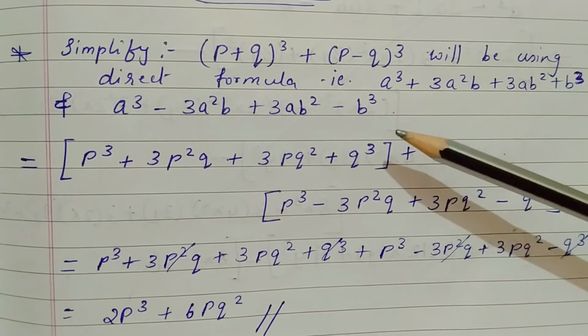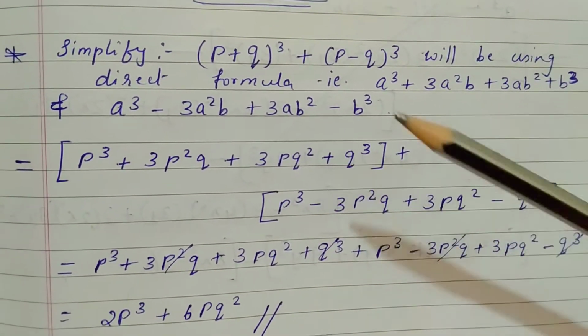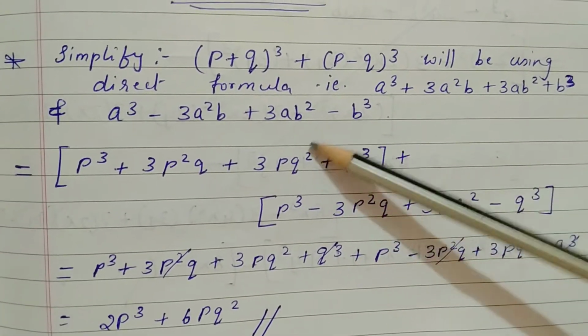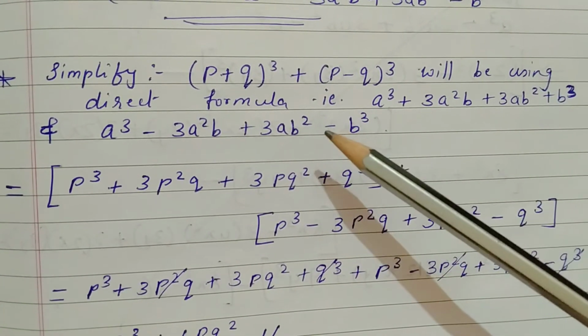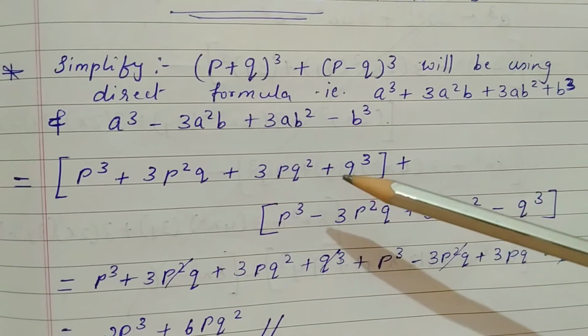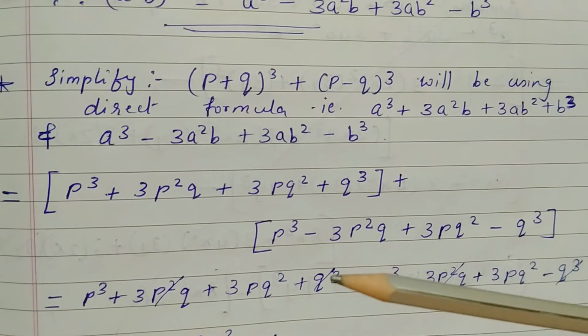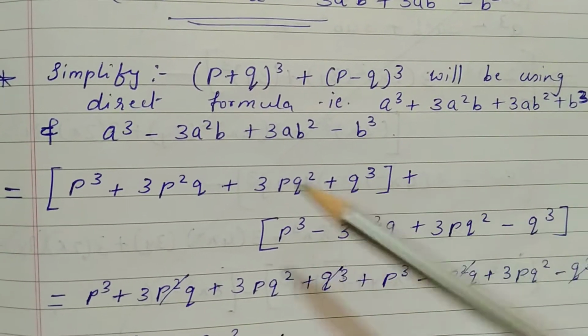Okay, so now we are moving into the next part. It's a different simplification, but the same formulas are used. So here it is the combination of a plus b the whole cube and a minus b the whole cube. So we are going to solve both in one sum.